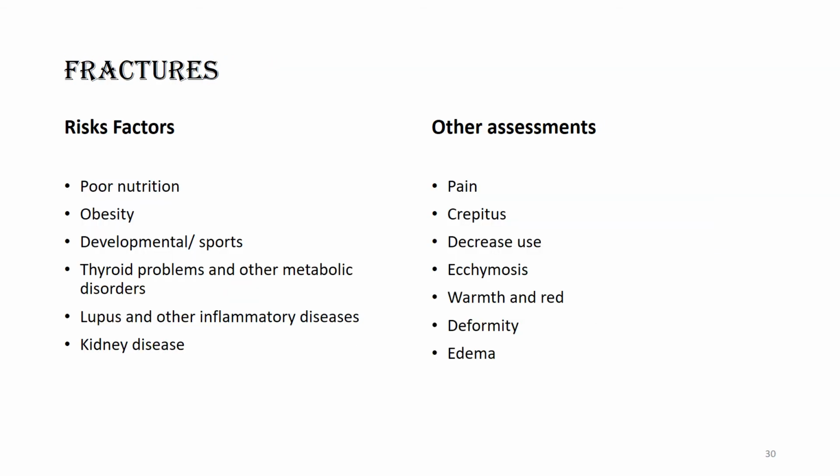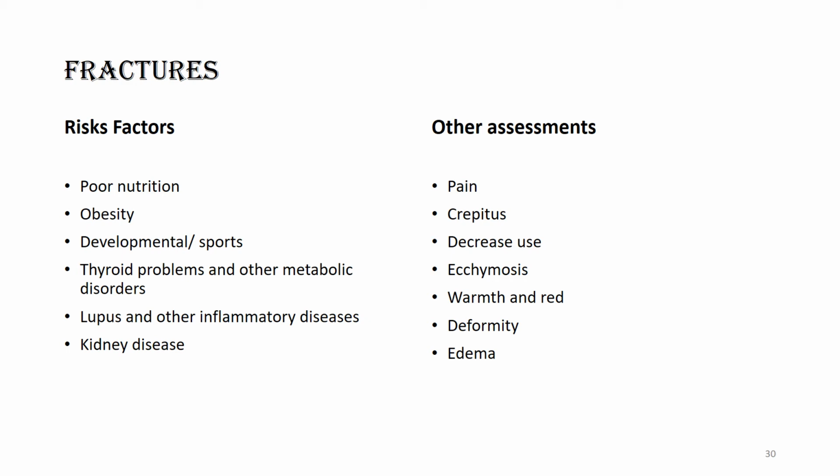So the risk factors for fractures is poor nutrition, usually a decrease in calcium and minerals will make the bones a little bit more brittle. Obesity, too much of the fat pads, we think will protect our bones, but actually it's too much weight in an area. Sometimes developmental kids, just running, being clumsy, they can't control their body so much. And then there's the older child that's in sports that gets hurt accidentally.